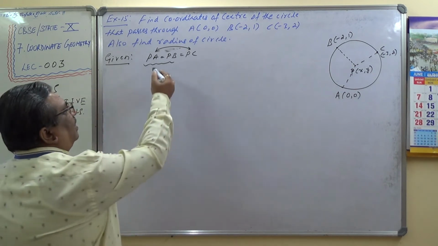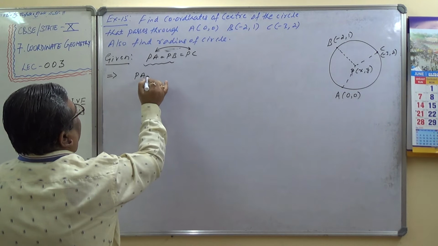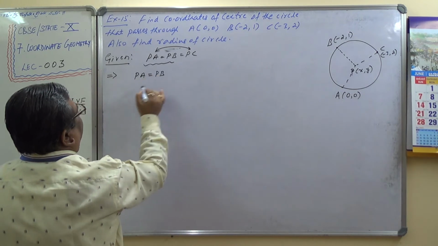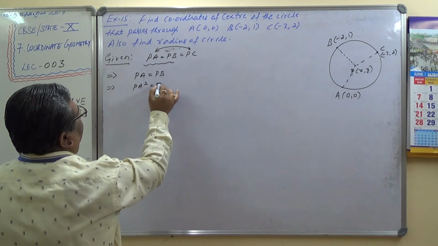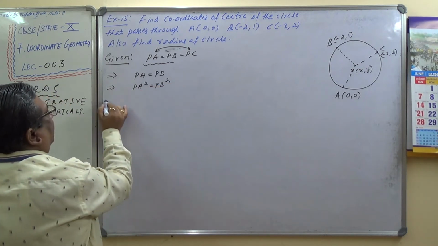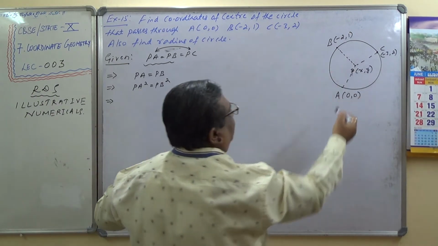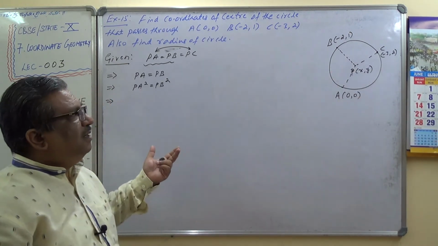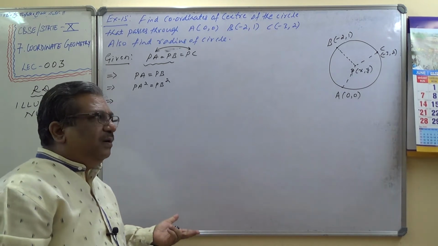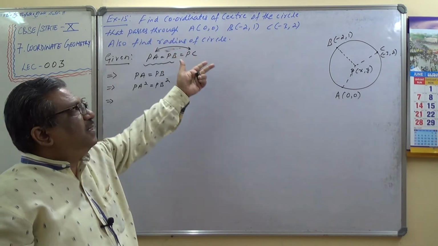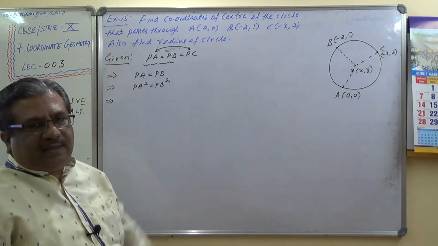So let me equate PA is equal to PB now. Implies PA equals PB implies PA square equals PB square. What is PA? Here, look at this. See, therefore, putting the diagram is really important. Instead of looking at these coordinates and identifying x1, y1, x2, y2, directly I can take the readings from here.